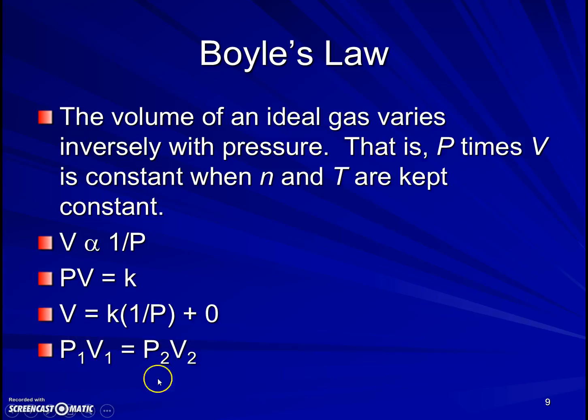And so the most useful way probably that we can write this is that if we have a closed system at a constant temperature, pressure times volume is constant, so that if we change the pressure of the container by squeezing it or by letting up on it, then the volume change is going to respond in such a way that the product still remains a constant. And there are some problems suggested at the end of this talk that you could try in your textbook.